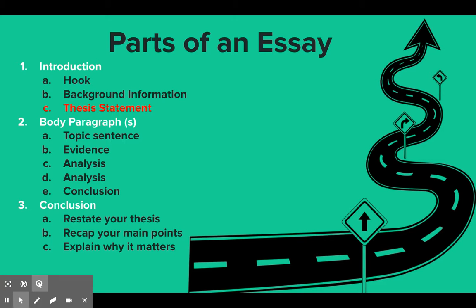Then next week, we'll focus on writing out and refining our conclusions to wrap everything up. The reason why I have the thesis statement in red up here is because it is the most important part of your essay. It serves as a roadmap and lets your reader and audience know the direction in which your essay is headed.